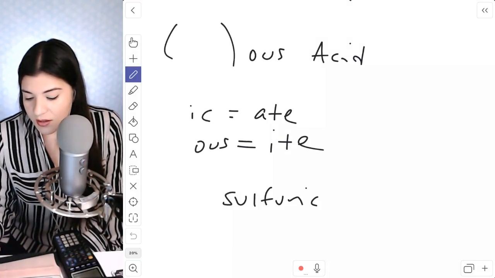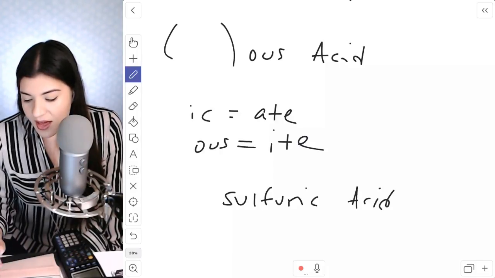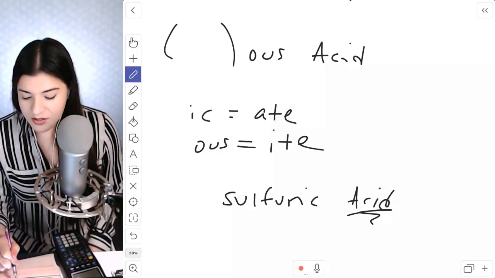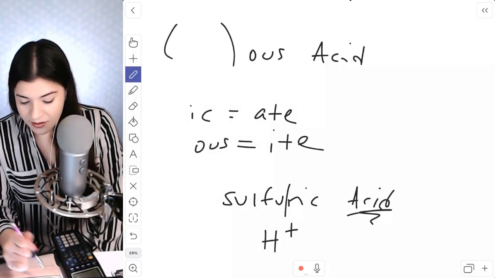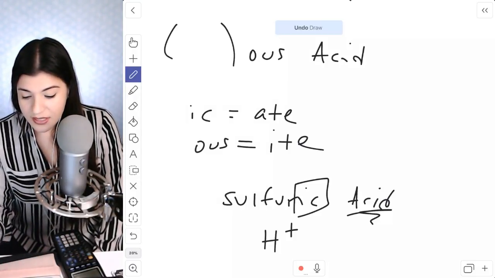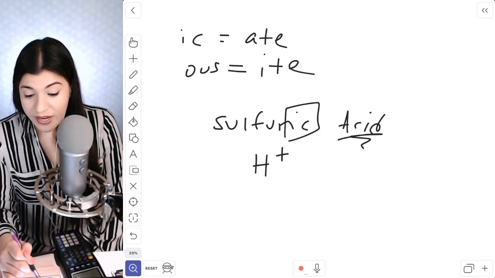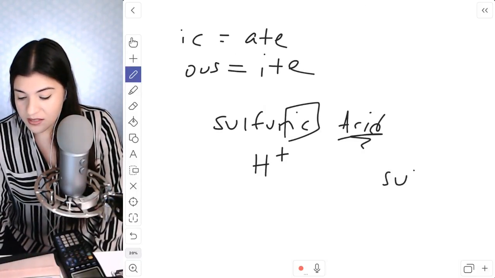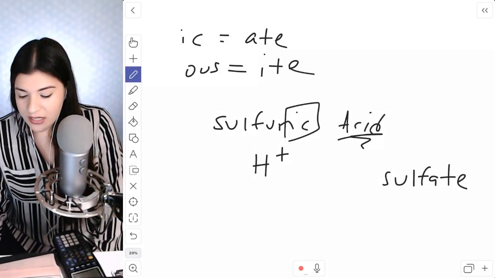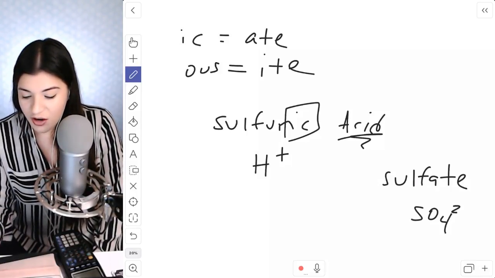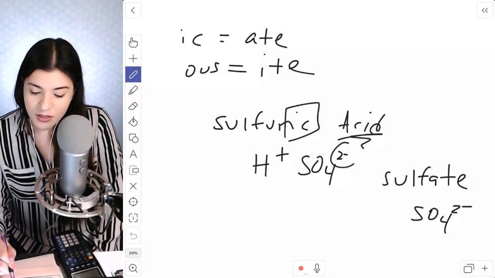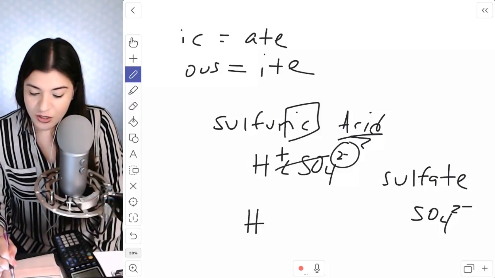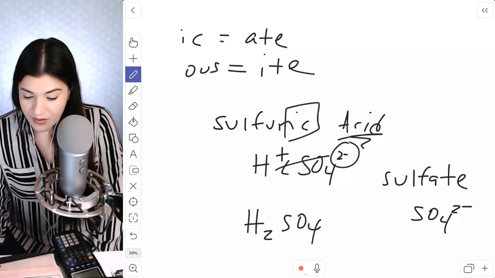So let's say if I had something like sulfuric acid, that acid, once again, just tells us that there's an H in front. Now, this ending of ic tells us it's actually sulfate. And then remembering what sulfate is, that's SO4 with a 2- charge. And then, of course, we'll balance out our charges. So this 2 would go down. This would have been H2SO4.